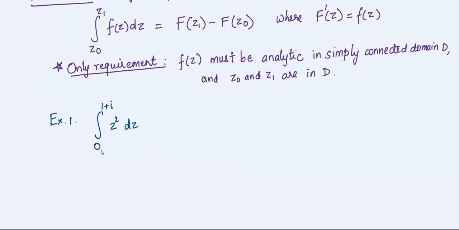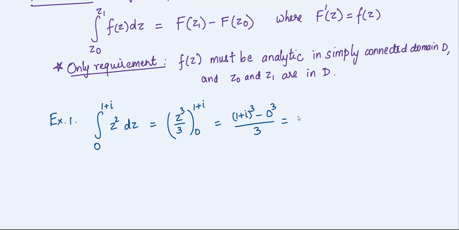That means from 0 comma 0 to 1 comma 1 we are integrating. Now straight away the integral is z cube upon 3 from 0 to 1 plus I. So 1 plus I the whole cube minus 0 cube upon 3.